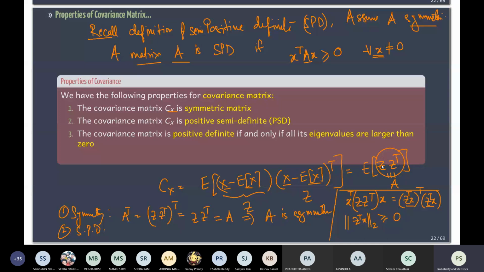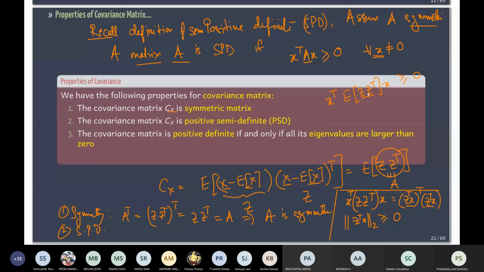I've shown that the inside term is positive definite, but you actually have to show that the expectation of that is positive definite, so you have to use the linearity of expectation. What I have to show is x transpose expectation of Z transpose X is greater than or equal to 0. What I have shown is that regardless of what Z you choose, Z transpose is always going to be symmetric and positive definite.